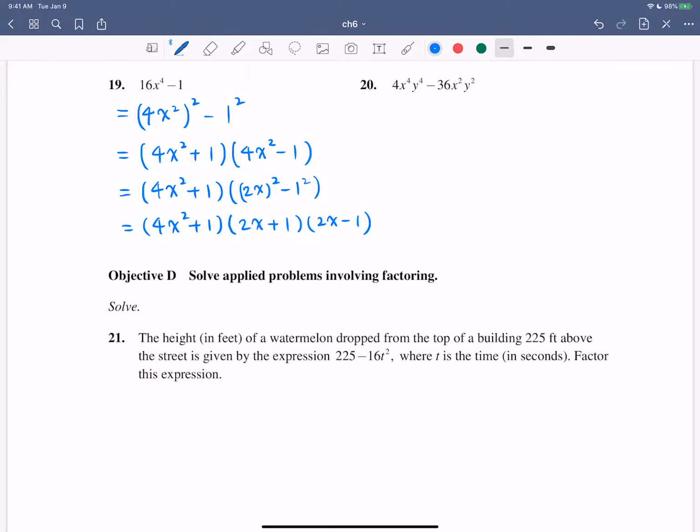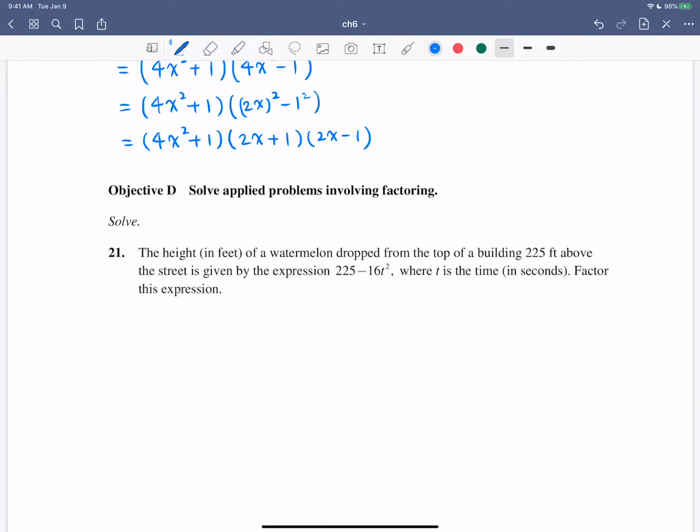Let's factor this expression. 225 minus 16t squared. Write it out. It looks like a difference between two possible perfect squares. Is that the case? Well, it is. 225, if you remember, it's 15 squared.